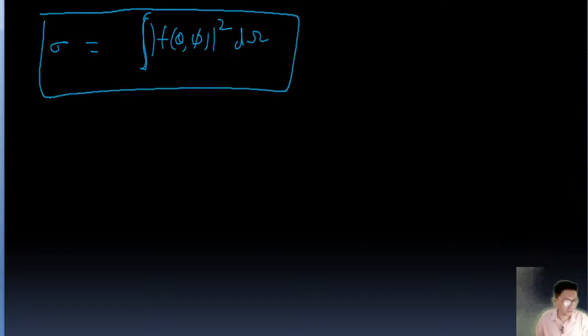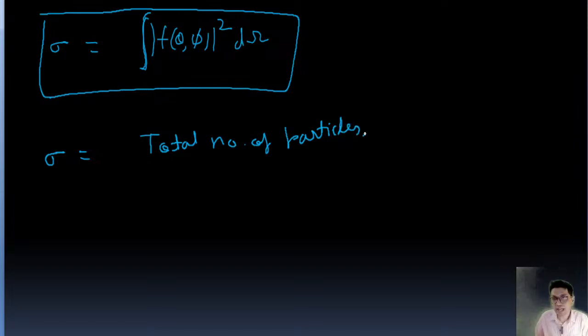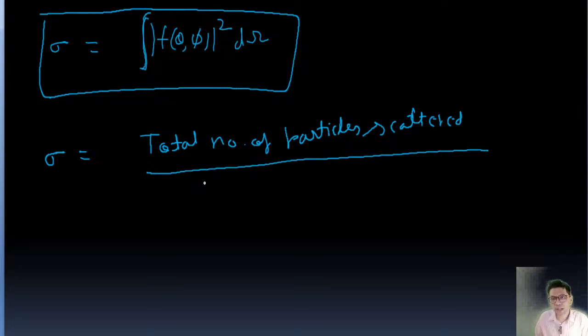The definition of sigma is also very important. Sigma is the total number of particles scattered upon time into incident flux.